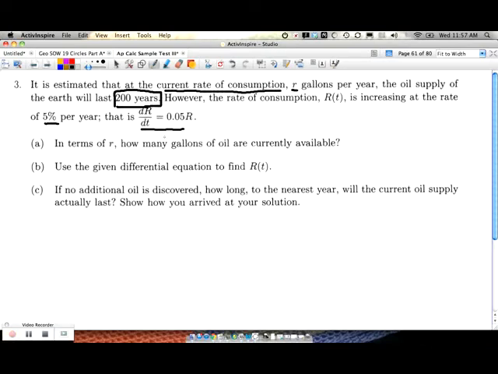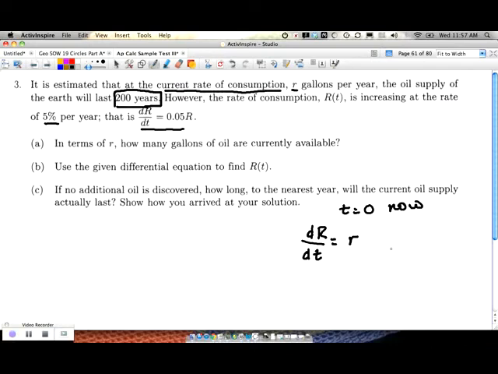So we have R gallons per year. So dR/dt right now at time equals 0, so now, not 1 year from now, but t equals 0, this equals R. And in 200 years, that'll be gone.